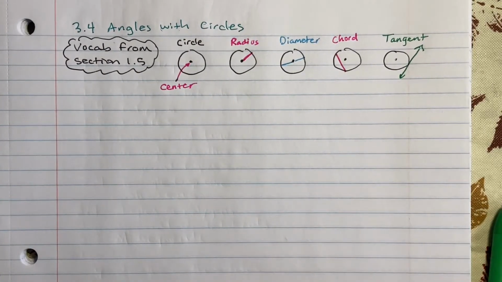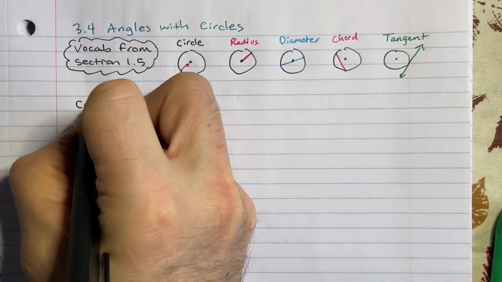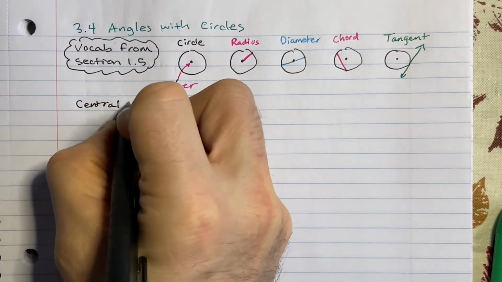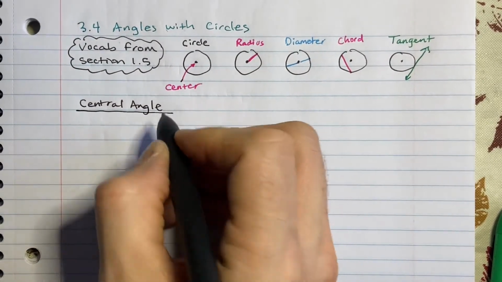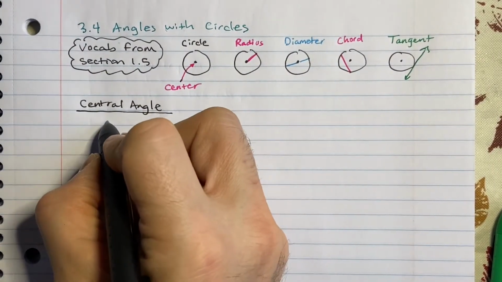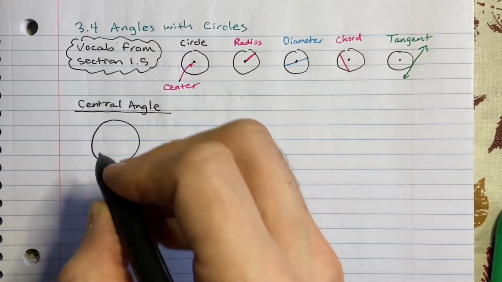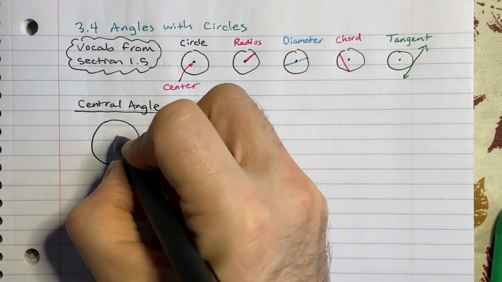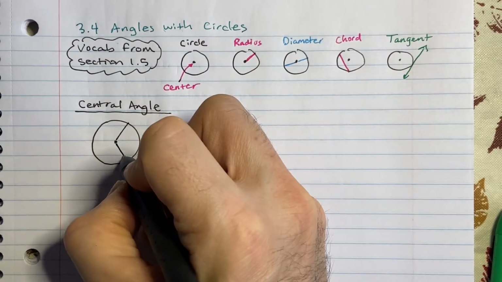Now we have some important ideas here with angles and circles. So one of the important angles is called a central angle. And in order to do this, let's draw a picture. And we will mark where the center is, and then I'm just going to put in 2 radii.